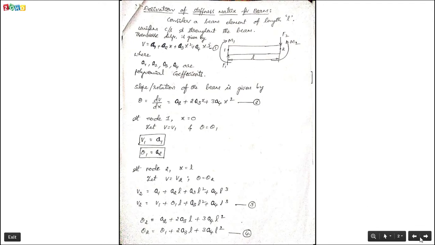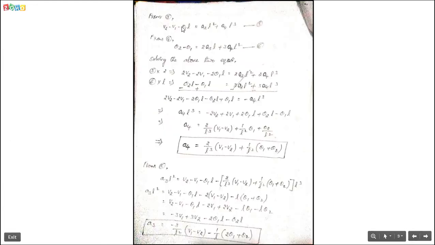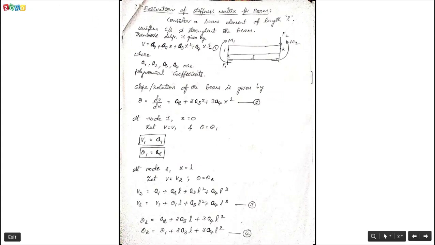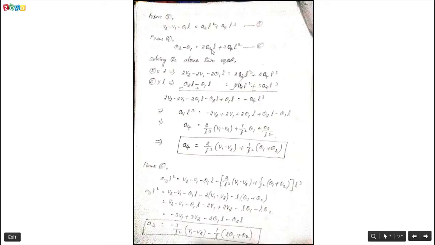So v2 minus v1 minus theta 1 L equals a3 L square plus a4 L cube. Similarly, from the fourth equation, the displacements go to the left side and constants to the right: theta 2 minus theta 1 equals 2 a3 L plus 3 a4 L square.